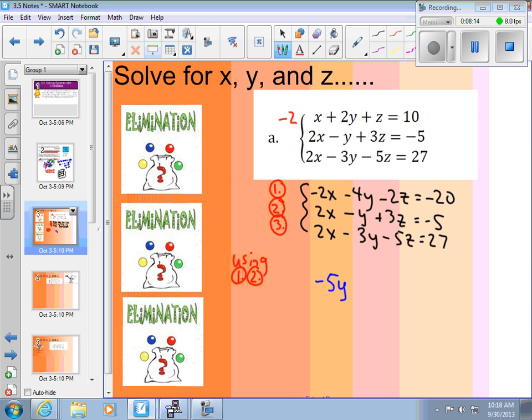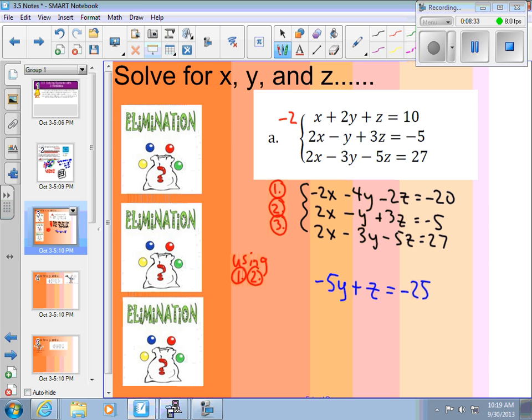If we add the next ones together, -2z and 3z, that'd be 1z, or just z, equals, and now we're going to add the last 2 numbers, -25. So what we just did was we just added equations 1 and 2.